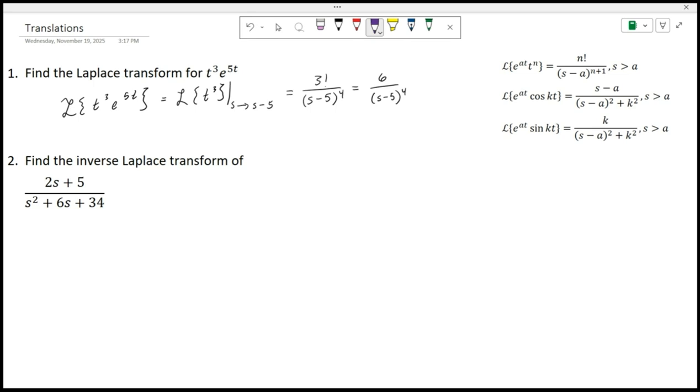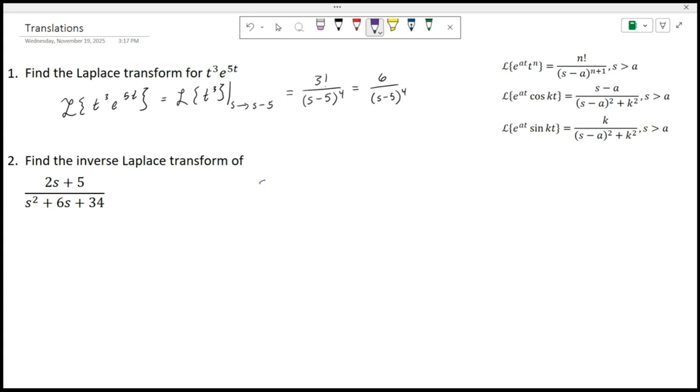If it was factorable, I could do a partial fraction decomposition and break this fraction up, and then maybe I wouldn't have a translation anymore. But this one's not factorable, the denominator. So instead, I'm going to use completing the square to change the denominator to look more like the s minus a squared plus k squared that I have in my Laplace formulas to the right.